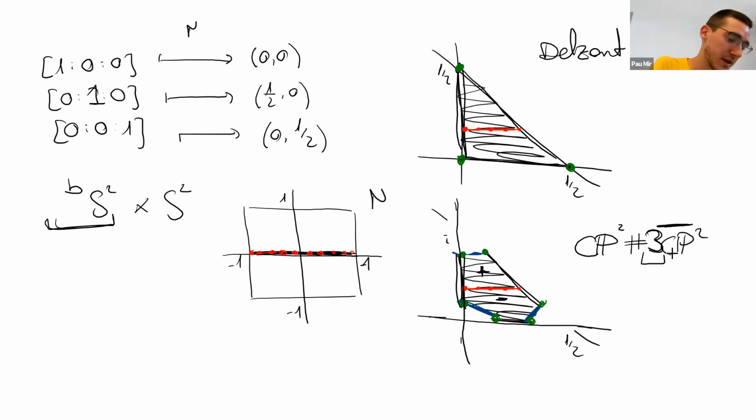These 3 would correspond to the 3 cuts I have done, and they would have the same orientation. Since in this case, I have done 1 cut in one half of the line and 2 cuts on the other half of the line, this would not be a 3, but we would have a 2 here and a 2 here. So one CP2 is the one that we have at the beginning.